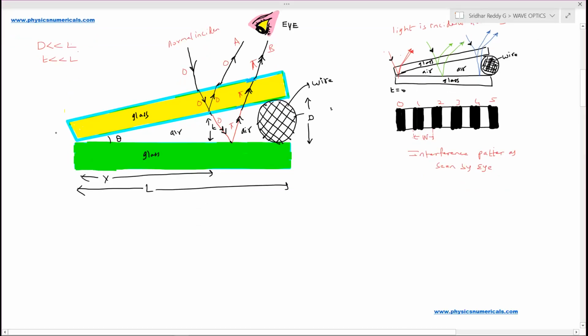Okay, now we'll be discussing interference in wedge-shaped thin film.